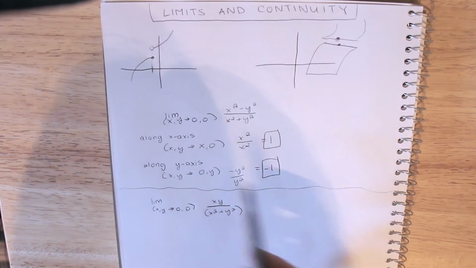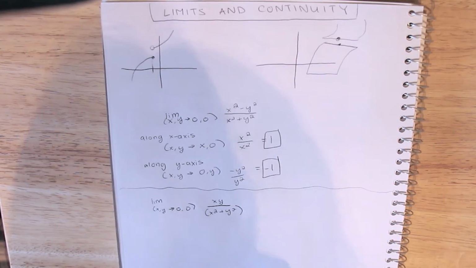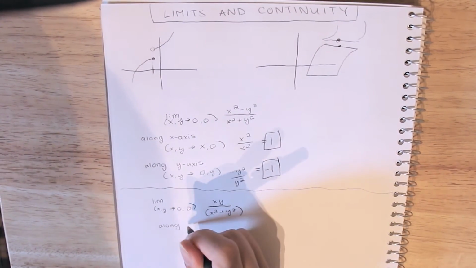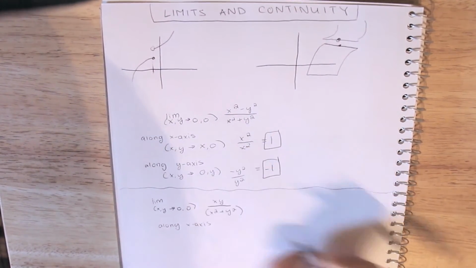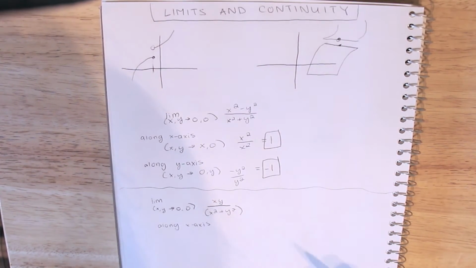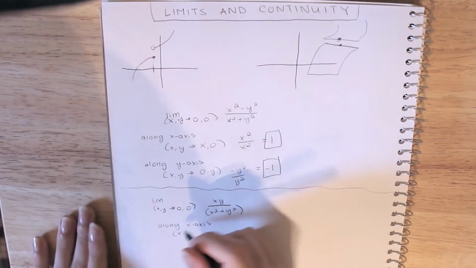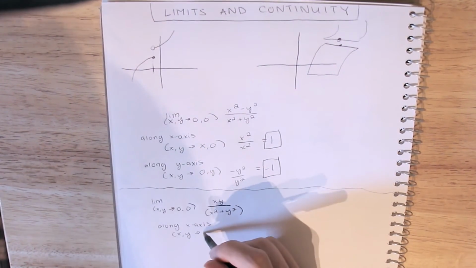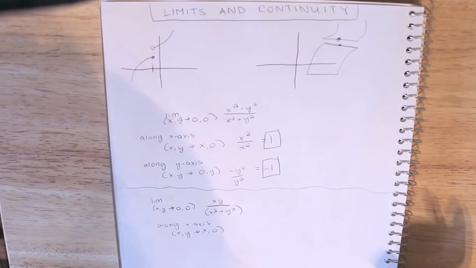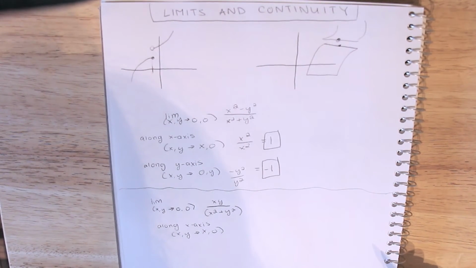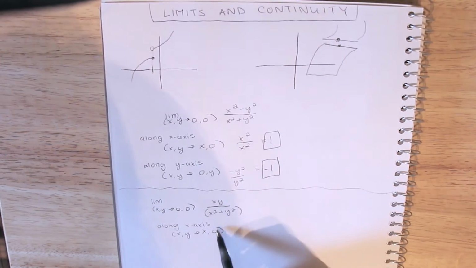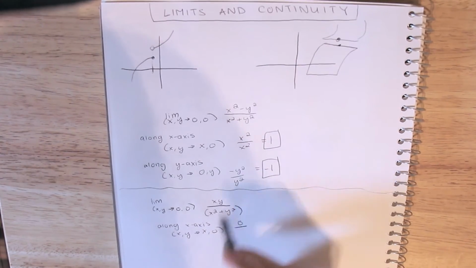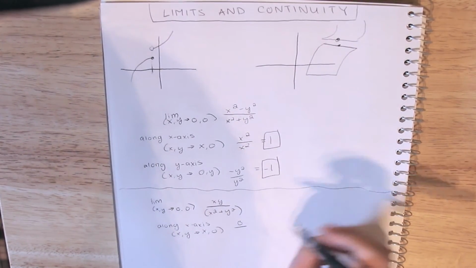Okay, so let's approach 0, 0 along the x-axis first. So same as over here, xy is going to approach x, 0, which in this case, we just plug 0 into all of our y's. 0 over x squared plus 0.